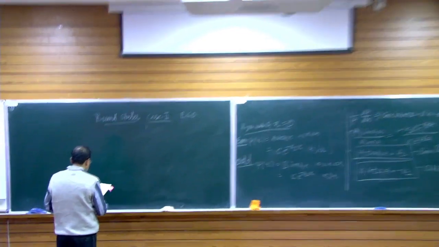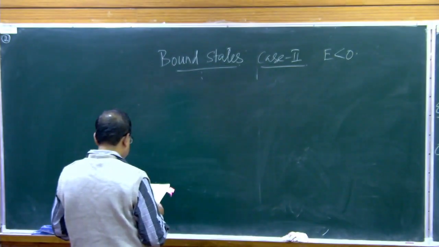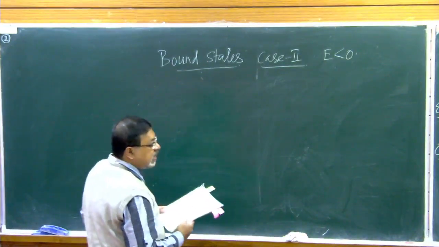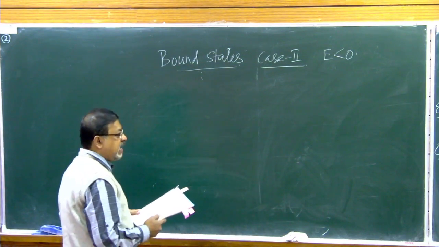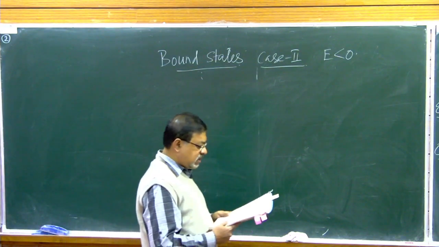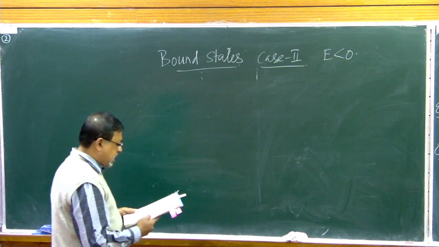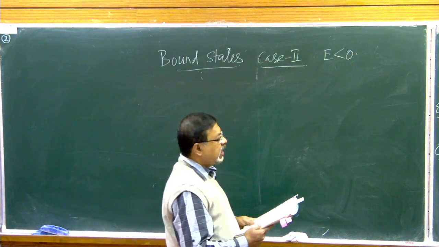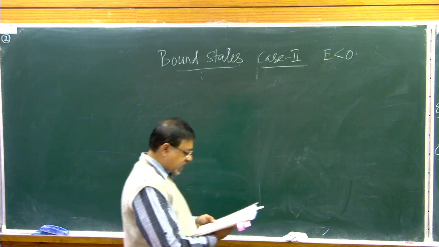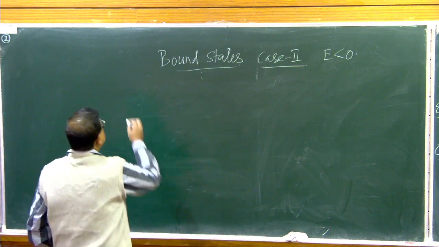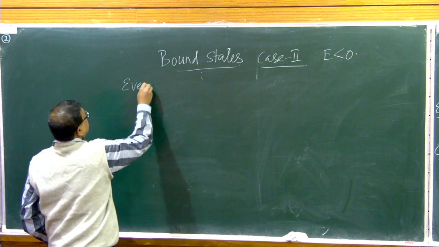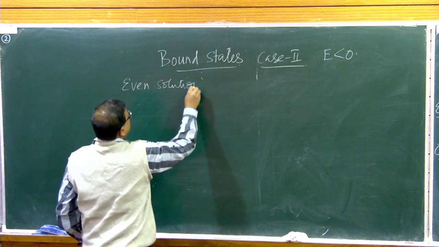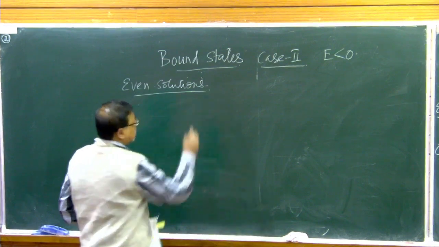So we have two conditions that we have written there. We have k1 tan k1a, which will give us even states, bound states, and k1 cot k1a will give you a minus k2 and so on. So let us first deal with the even solutions, and very similarly we can deal with the odd solutions.